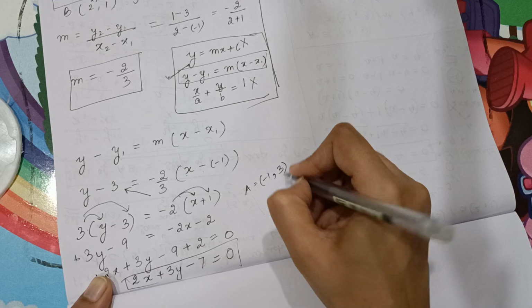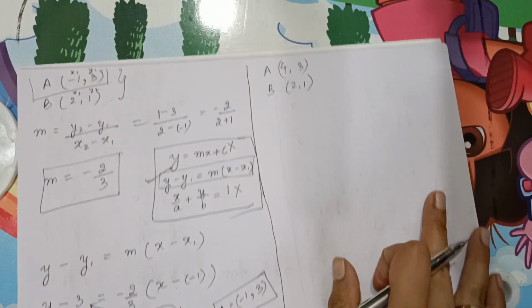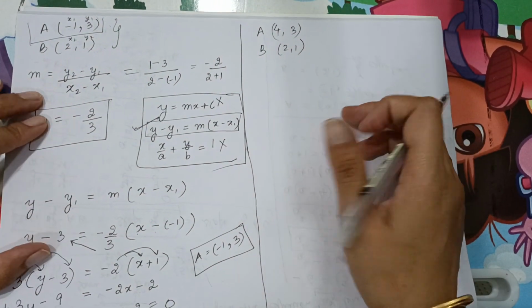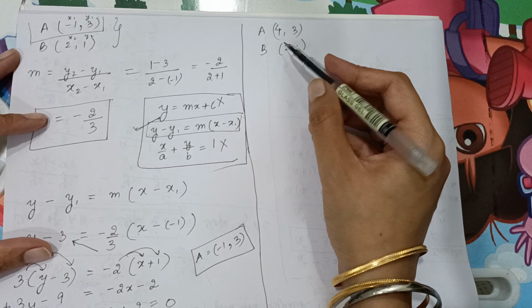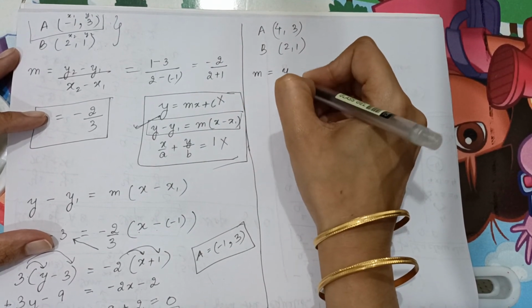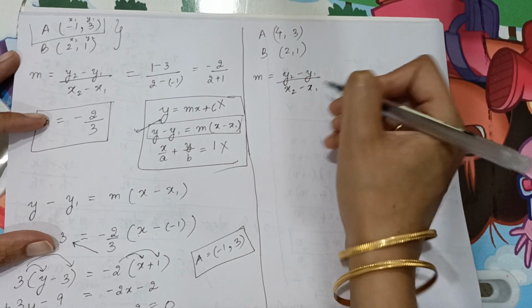minus 1 comma 3. Now let's find another equation, because we got two values of small a. So now with this also we have to find the equation of line. For this also, first of all, we'll find the slope by using the slope formula. m equals y2 minus y1 upon x2 minus x1.